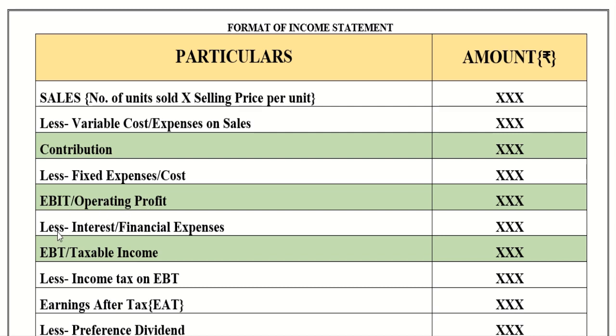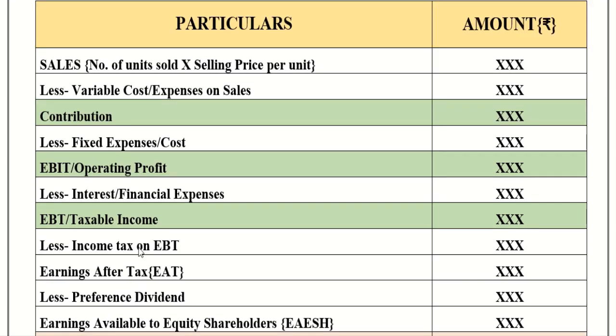Next, you deduct interest or financial expenses from the EBIT, then you will get EBT or taxable income. EBT means earnings before tax. Then less income tax, you should calculate tax on this taxable income.